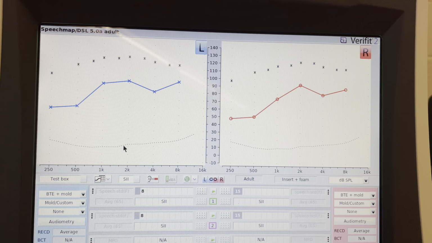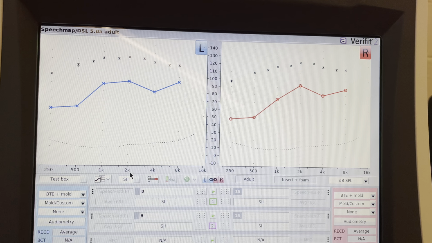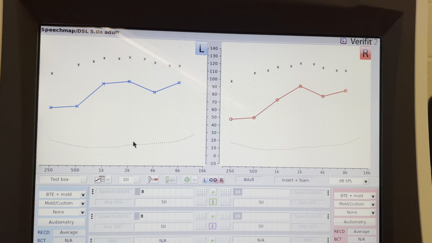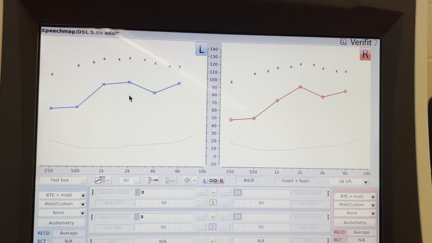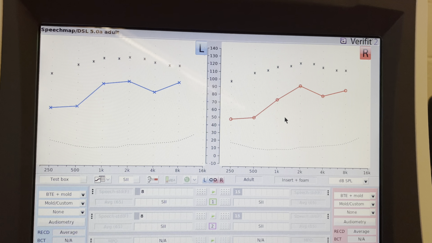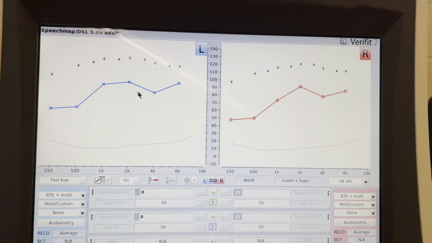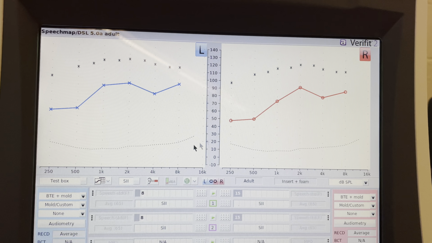So at this spot, for example, that's where someone with normal hearing could just barely hear at 2000 hertz. But for her, the audiologist had to turn it all the way up here for her to just barely be able to hear it. And this is for the left ear, and then this is for the right ear. So it is a bit different for different frequencies.